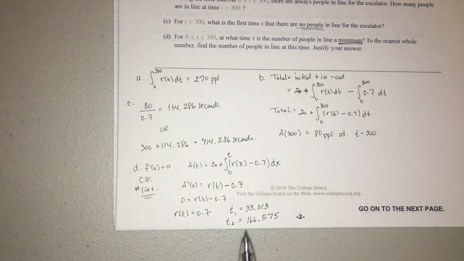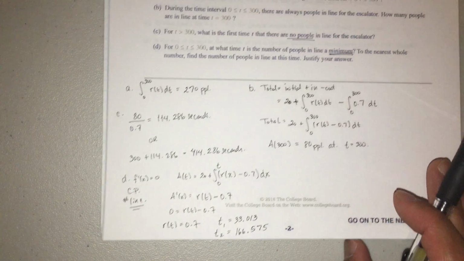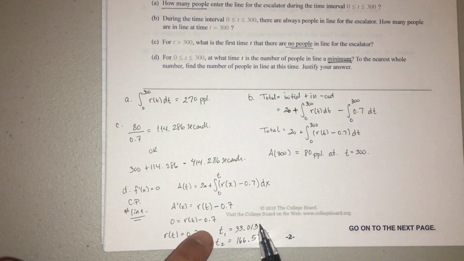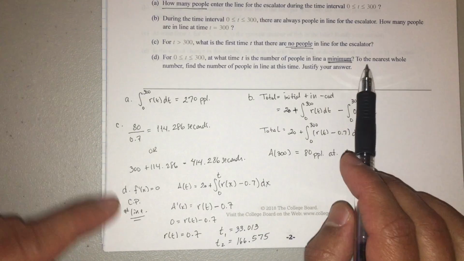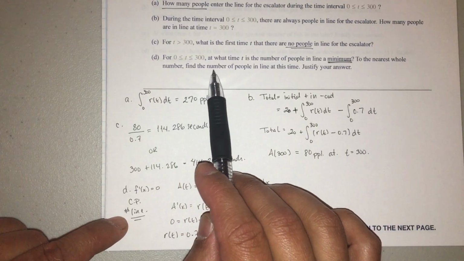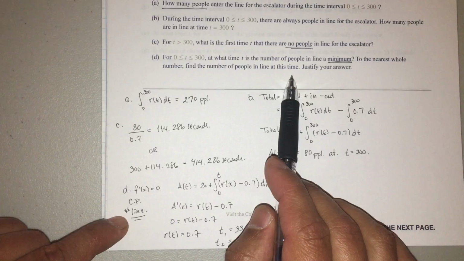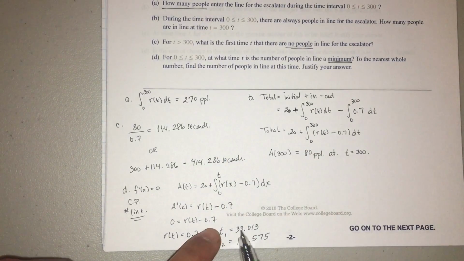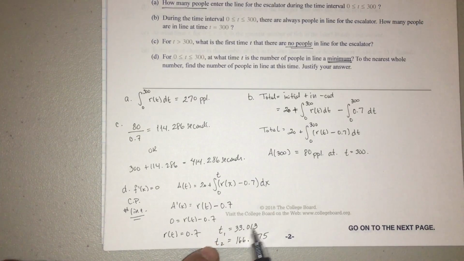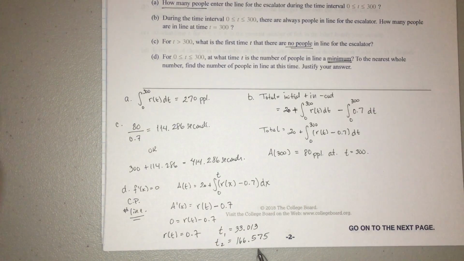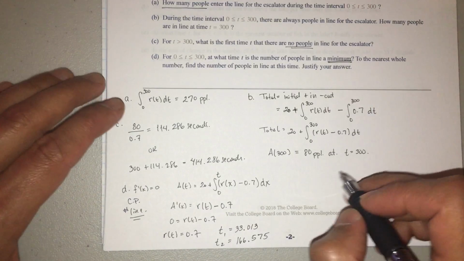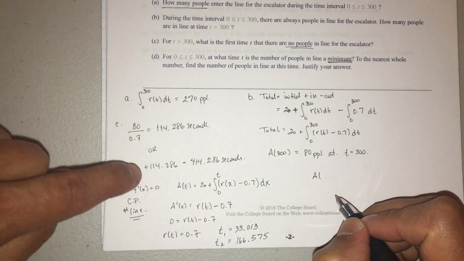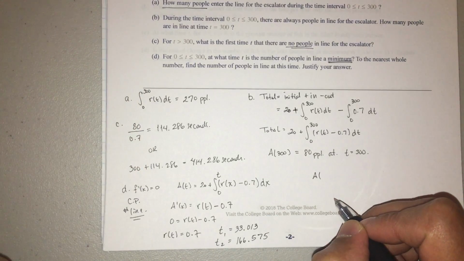So, now, look at the question carefully. It says, at what time is the number of people in the line minimum? Is there a minimum here? Is there a minimum there? But then look carefully: to the nearest whole number, find the number of people in line at this time. So they actually want me to find the number of people. See, this is not my minimum. This is the time at which it might give me the minimum. So remember, this is one part where you have to figure out the beginning, the middle, and the end.